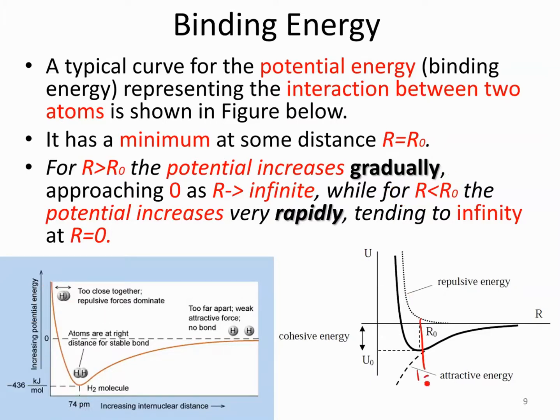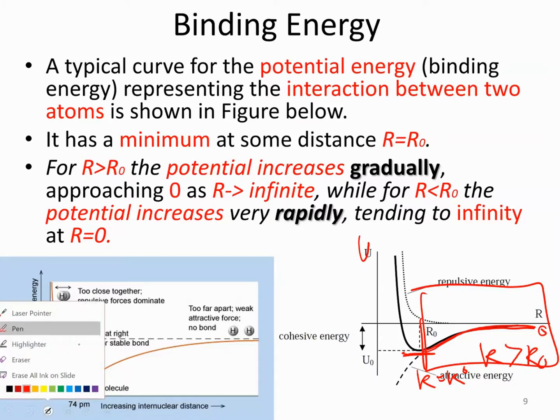Or you can look at this picture. This is when r equals r naught, when the potential energy u is minimum. When r is larger than r naught, the potential increases gradually and approaches zero. The u will eventually go to zero when r approaches infinity.